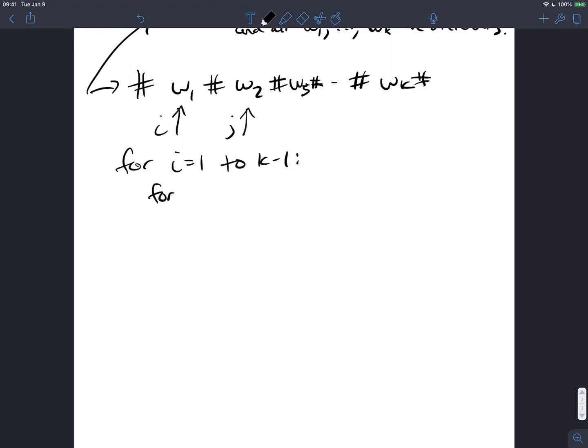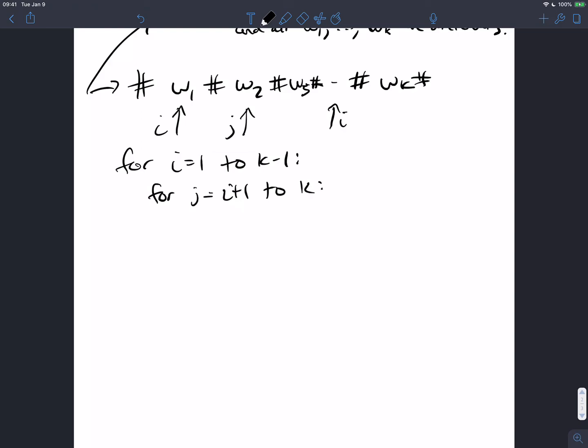So where does J go from and to? For J equals, where does it start? Not just at 2, but it goes from I plus 1, right? If I was right here, where would J be? Would it start at 2? No, it would start at wherever I is and then 1 position over. And then where does it go to?